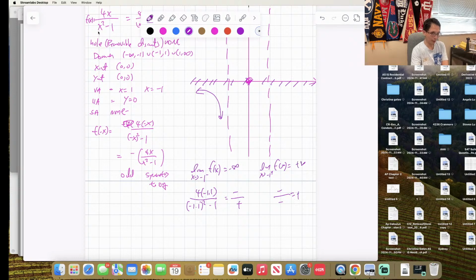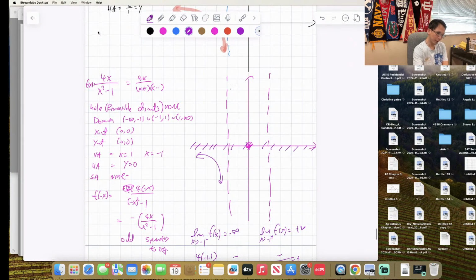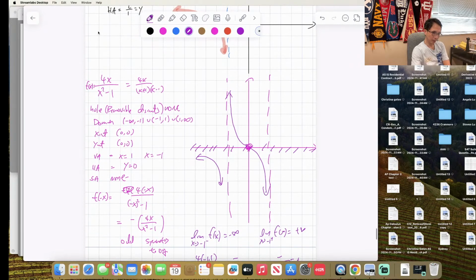So it's positive infinity. Is that okay? Symmetry to the origin, they're going to be opposite to this point. So they have this type of symmetry here. So it's going to be like this. And for this one, it's going to be symmetric like this. And there we go. That's your graph.